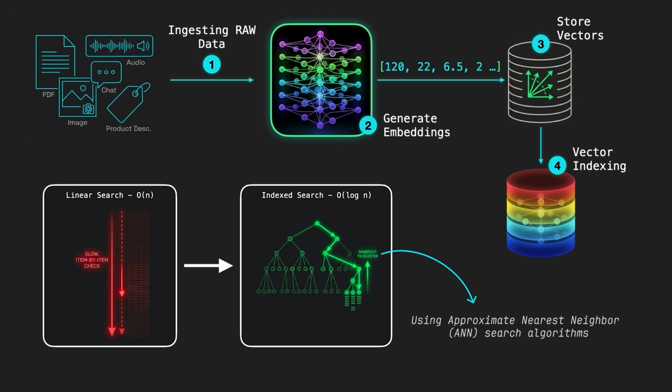Now, don't worry about vector indexing for now, as we have a dedicated lecture on vector indexing where we'll cover all the different approximate nearest neighbor search algorithms. Different databases use different techniques here, but the goal is always the same: fast and accurate search.